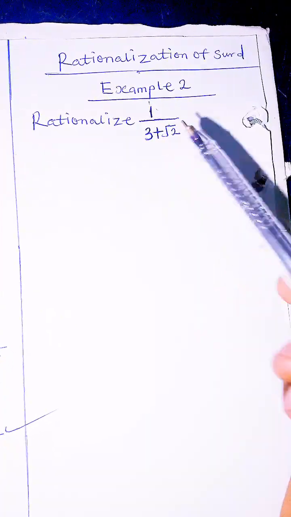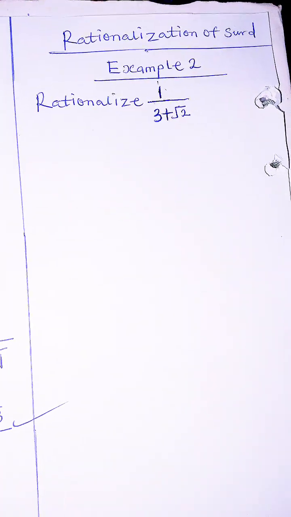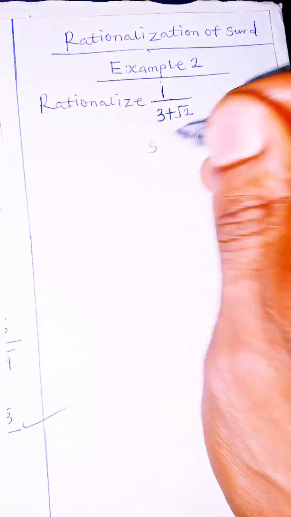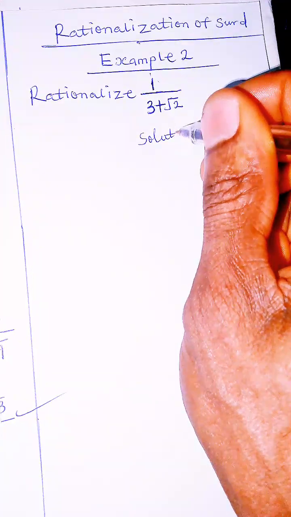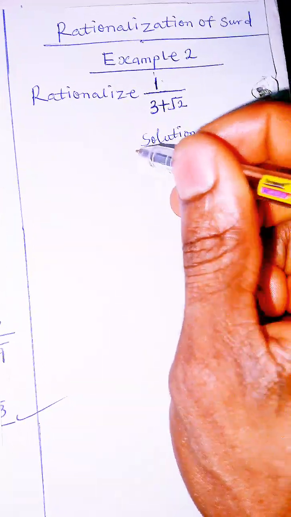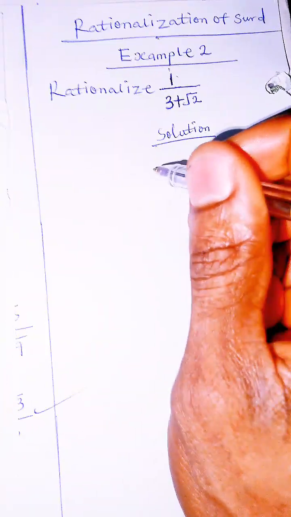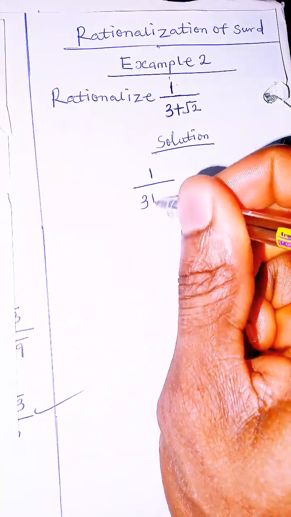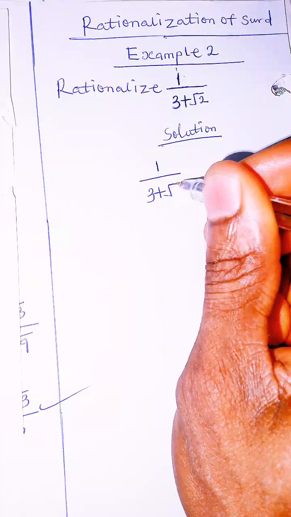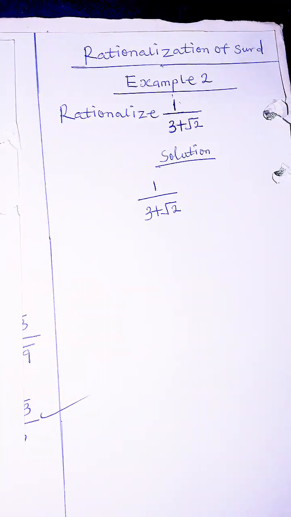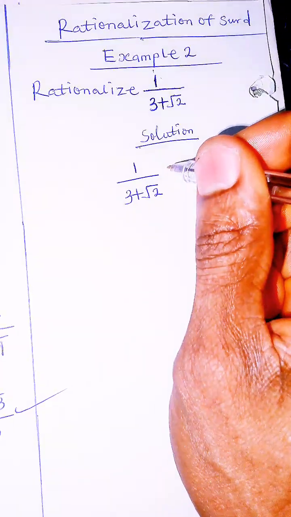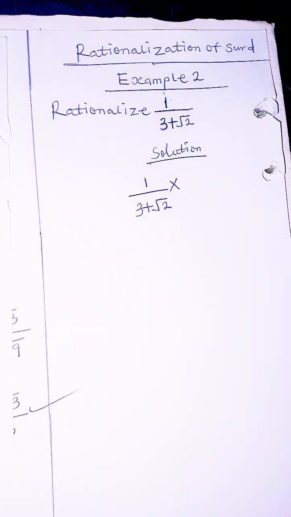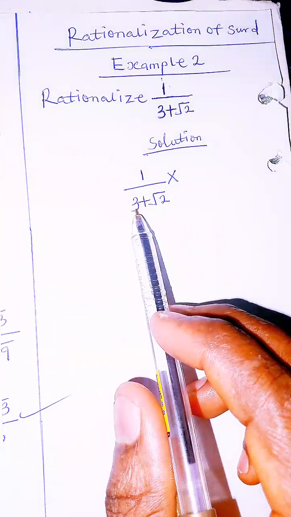Now, to rationalize this question is very easy. So let's take a solution. This is our question: 1 divided by 3 plus root 2. Now, we want to rationalize. We multiply both the numerator and the denominator by the conjugate of the surd.